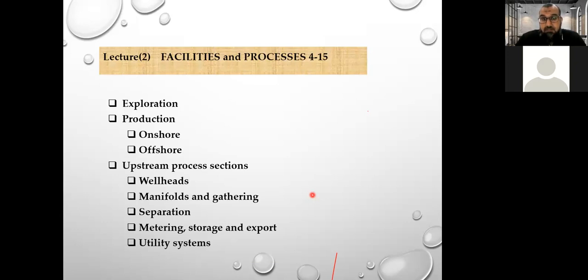We'll speak about exploration, production. We'll go through onshore, offshore terminology. We'll speak about upstream process sections: wellheads and manifold, separation, utility system. This is all in the second lecture.